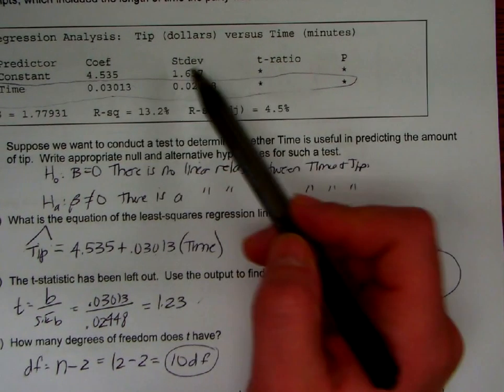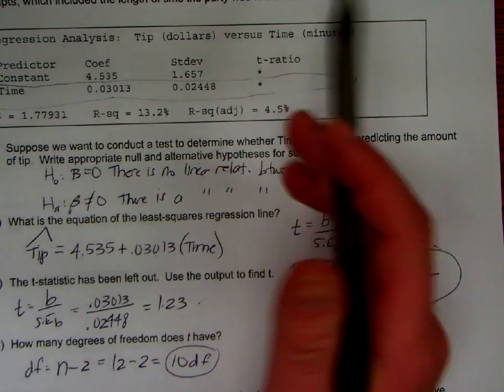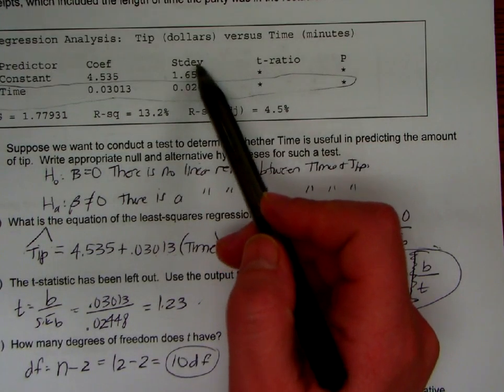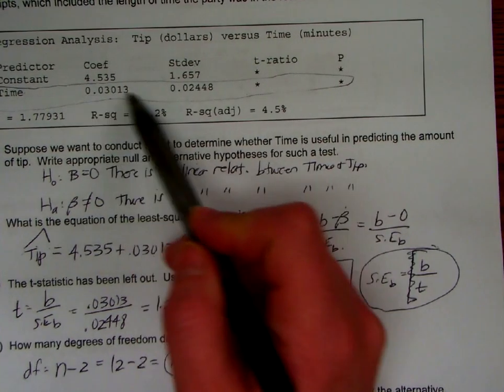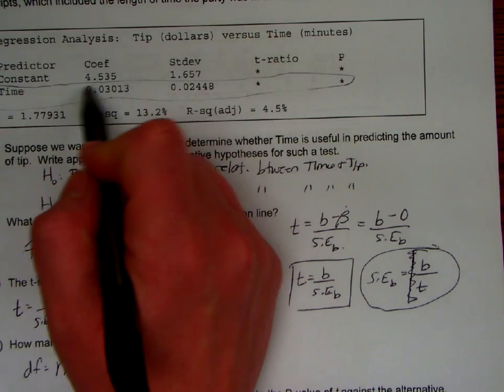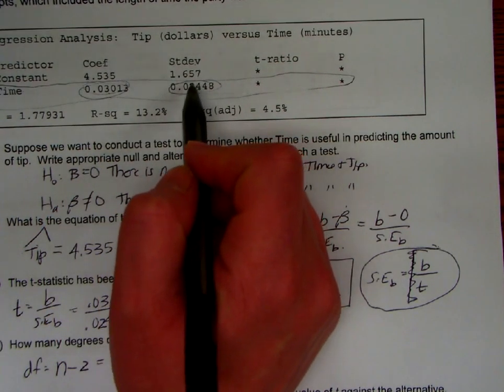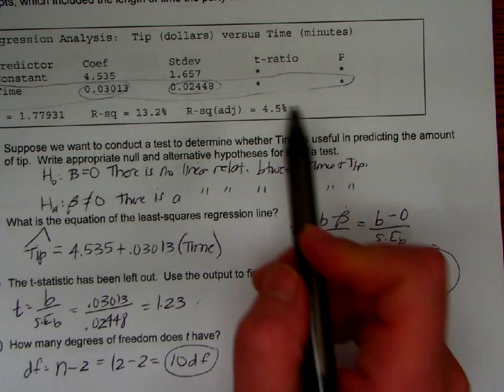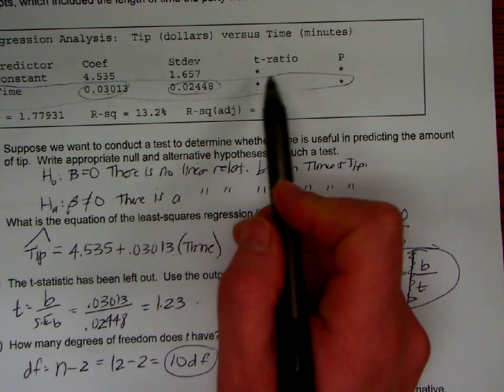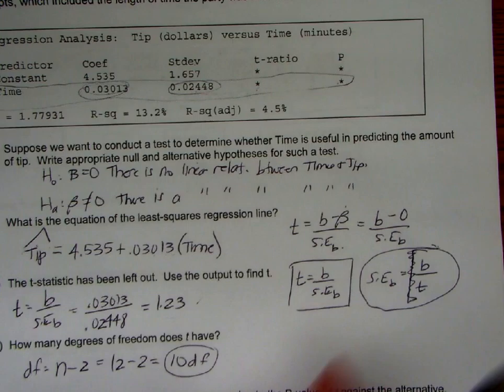So guys, notice, this says standard deviation, but really you swap out standard deviation for standard error. Everything is about the slope. This is little b, that's from the sample. This is the standard deviation of the slopes. This is the t-value and p-value for the significance test for slopes. So everything is that second line.